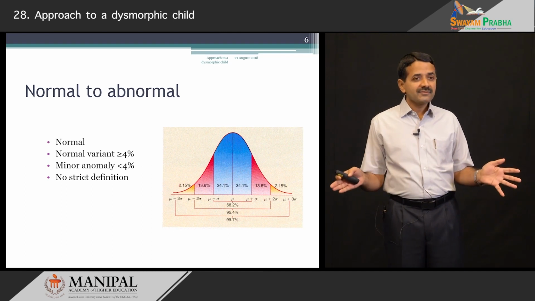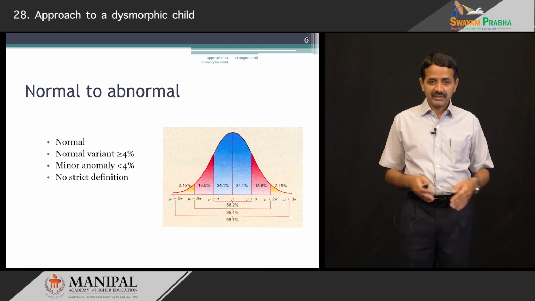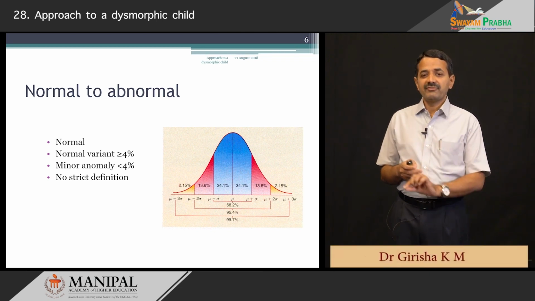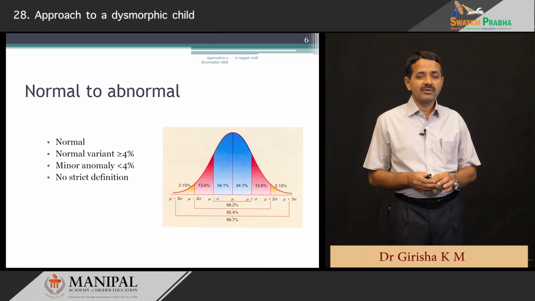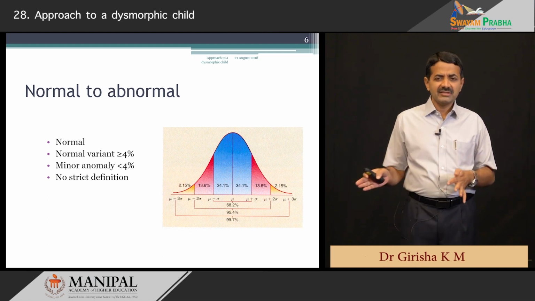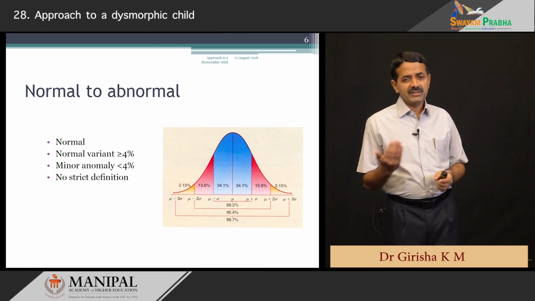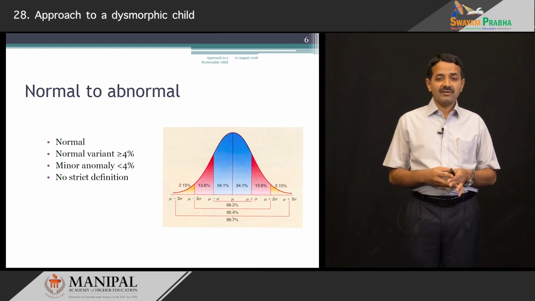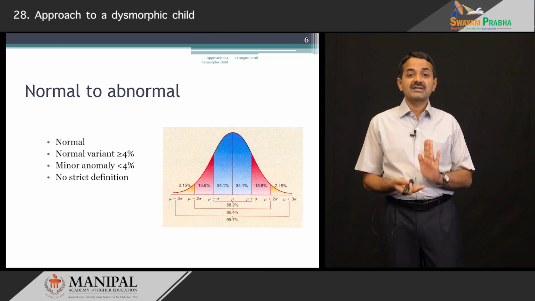So, most of us are normal and we have normal body parts, but some things may vary from person to person. This is seen in about 4% or sometimes even a little higher. Somebody's nose may be longer, somebody's ears may be smaller, or palms may have extra creases.